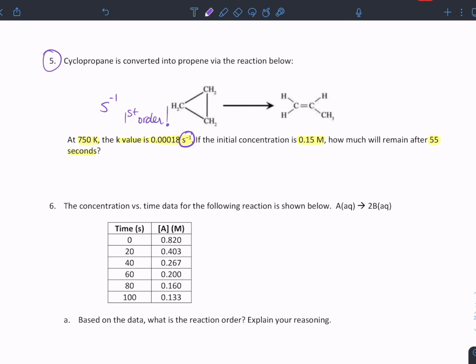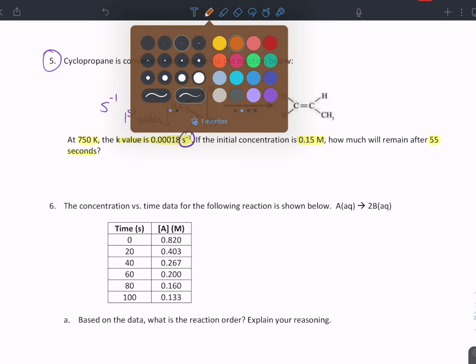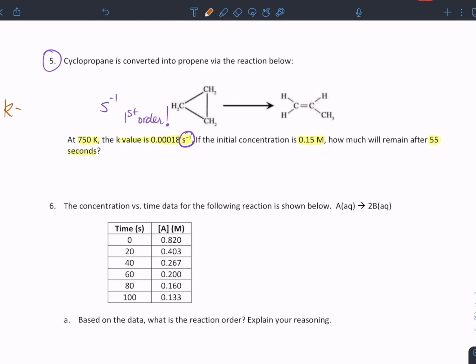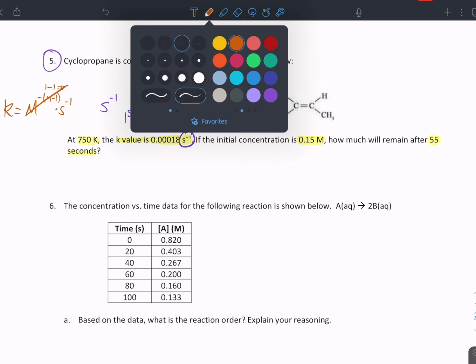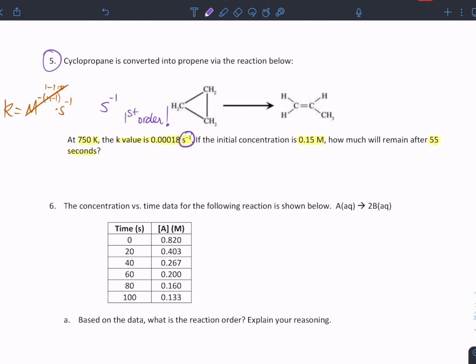Okay, remember the units on K are going to be molarity to the negative n minus 1 times seconds to the negative first, or time. And in a where n is our overall order, if our overall order is 1, 1 minus 1 equals 0. So that molarity goes away altogether, and we're just left with seconds to the negative first. So because this is a first order reaction, we can see that from here.